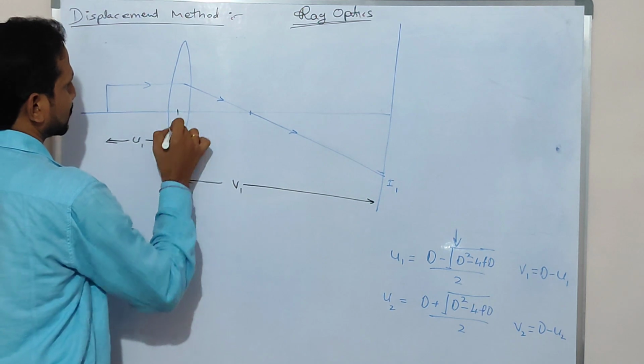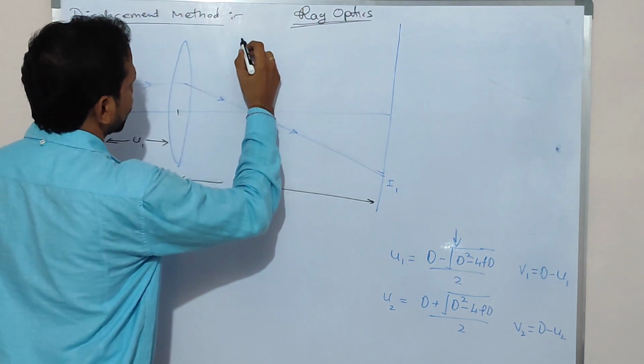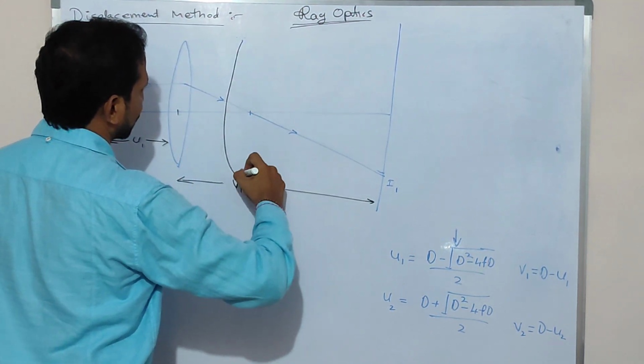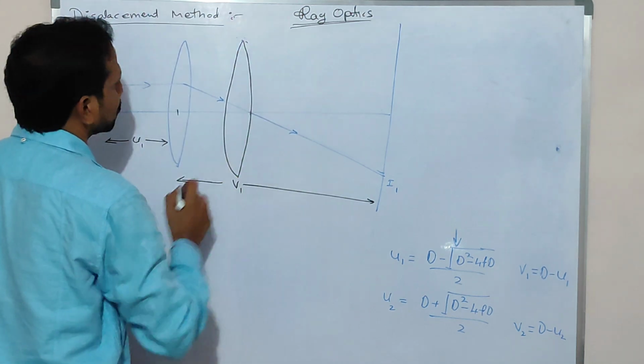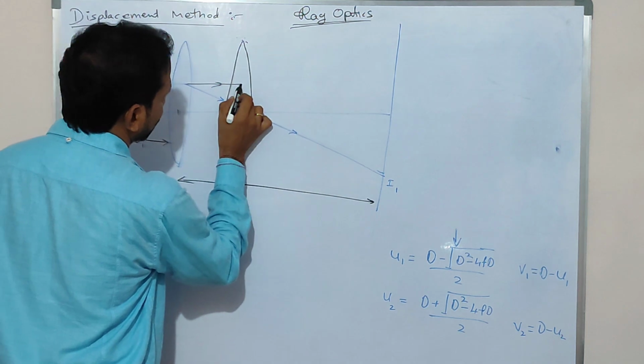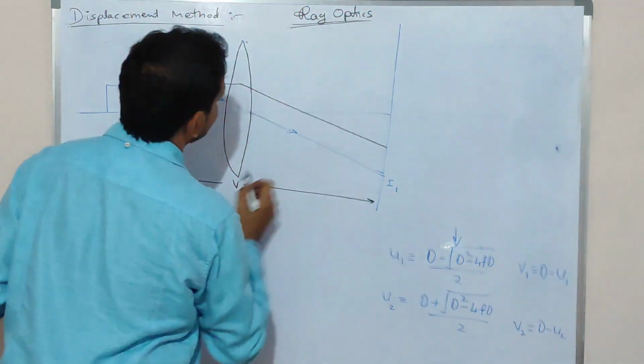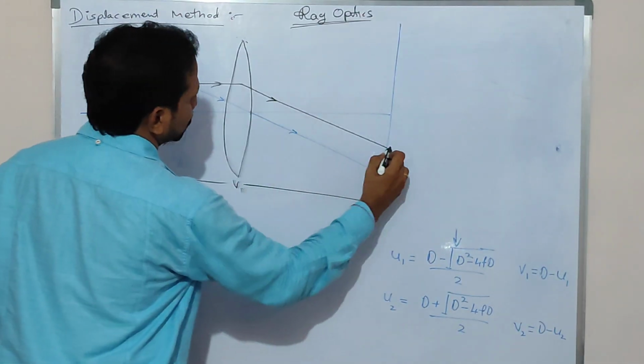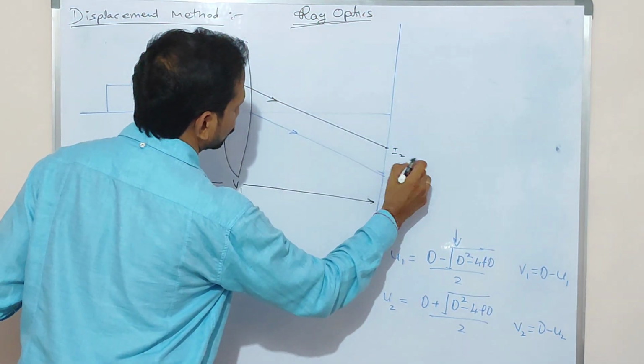Now you displace this lens from here to somewhere here. Let me draw with black color. The same light ray you have to extend, and it may reach over here. So this is going to be I2.